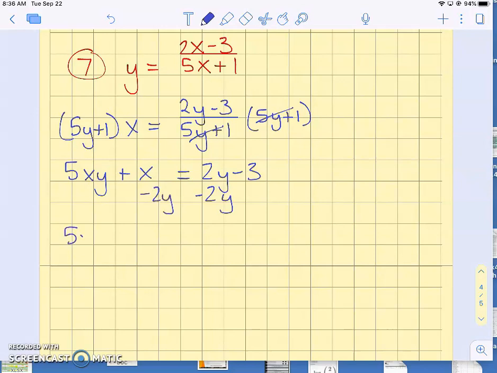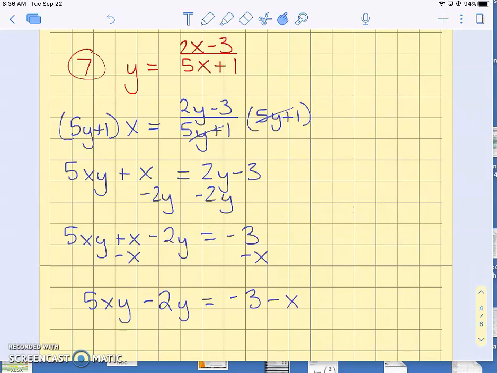So now we have 5xy plus x minus 2y equals negative 3. And now we want to get the y's by itself. So minus x. So now we have 5xy minus 2y equals negative 3 minus x.